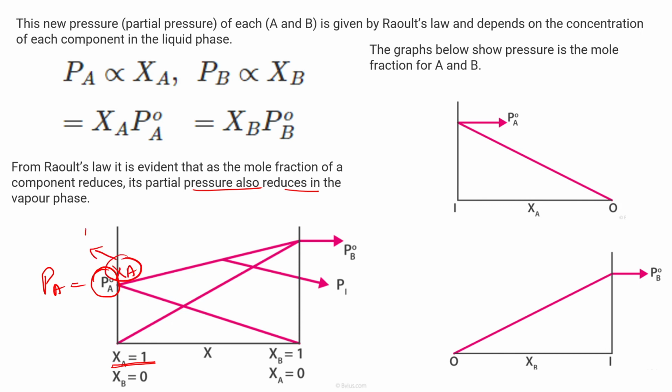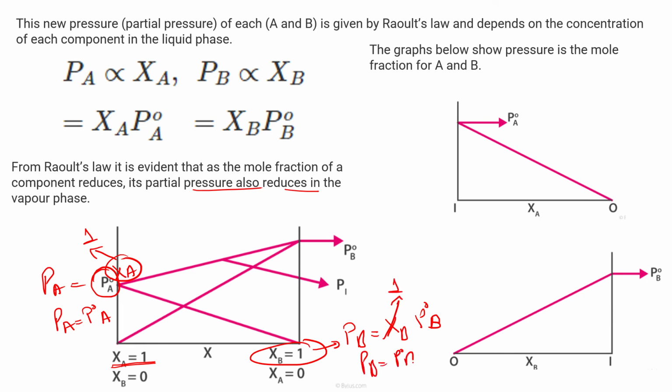Since XA is equal to 1, PA is equal to P naught A. Similarly, if XB is equal to 1, PB is equal to XB into P naught B, so PB is equal to P naught B.